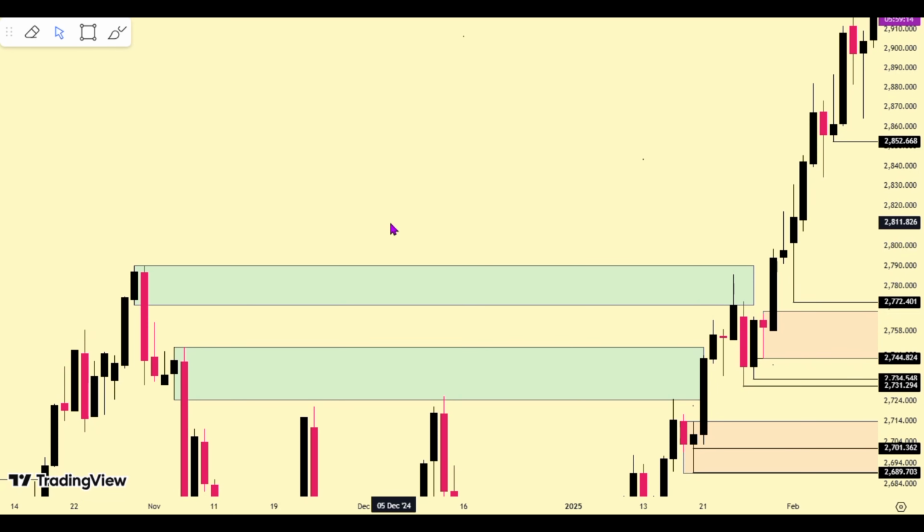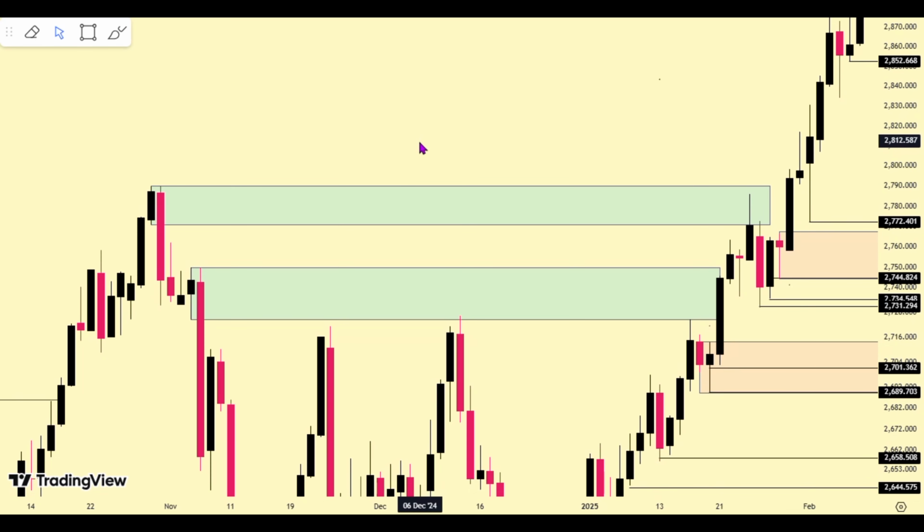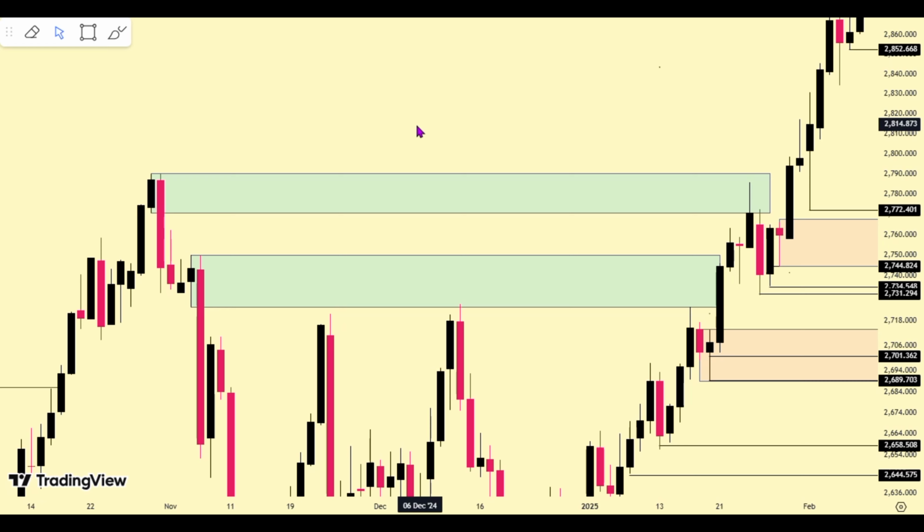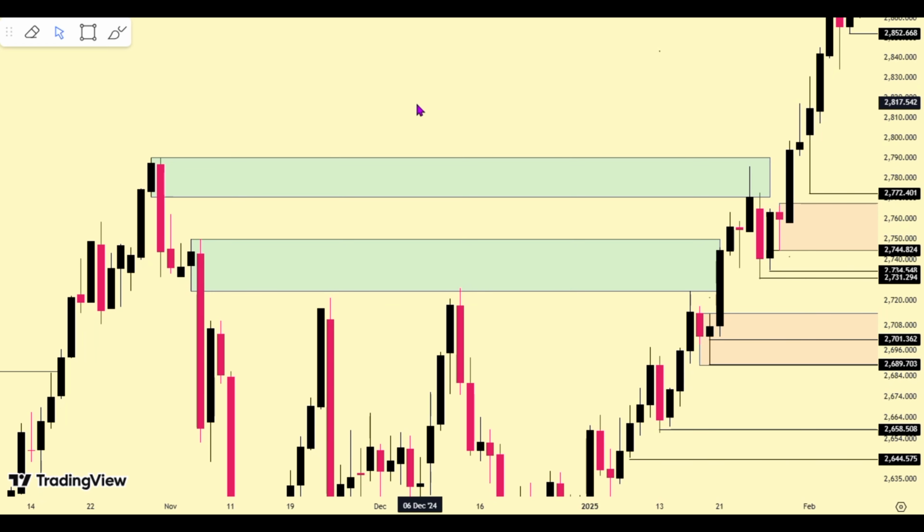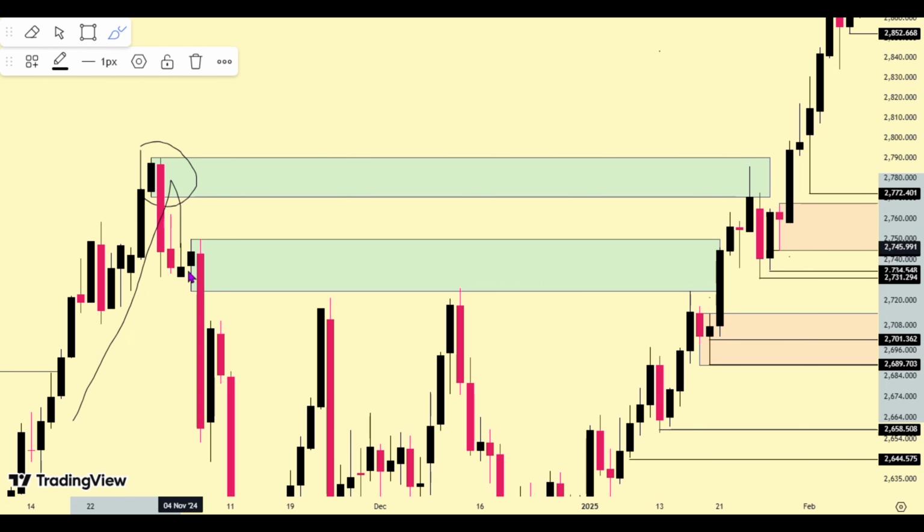So quickly, let's look at a real-time chart and try to spot practical examples on the forex market. For the purpose of the video, we will be considering the daily time frame of gold. And right here, we can see a potential resistance. Why? Because we have price rally to the top and then price gave us the bearish move.